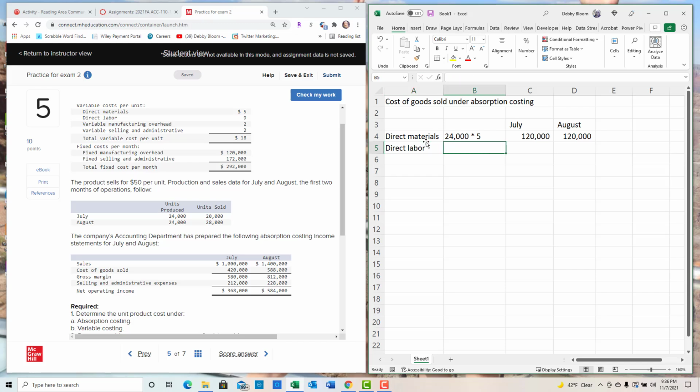The next thing that we're going to do is our direct labor. And again, in both cases, we produced 24,000 units. So 24,000 multiplied by 9. So 216,000 in direct labor in both July and August. The next thing that we're going to do is add our variable manufacturing overhead.